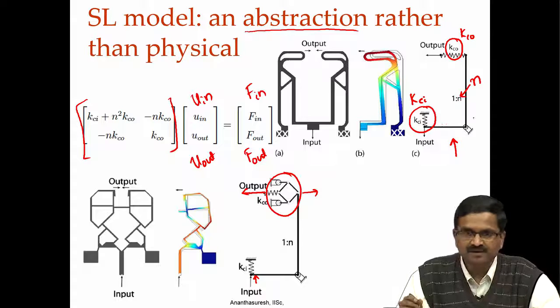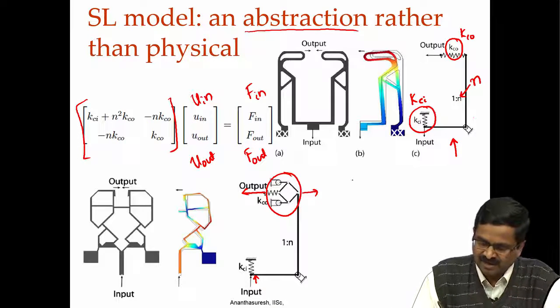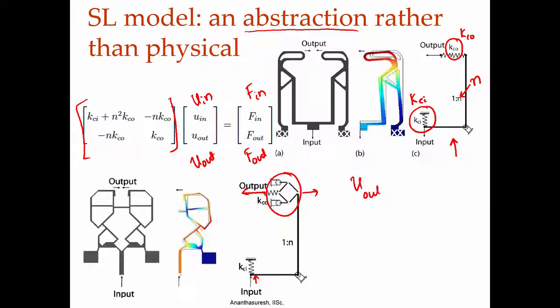For a normal lever, you would have U out equal to n times U in, but here it is not so. That is how it is constructed. This point here would have n times U in, whereas this point will not, and that is what will be there in a compliant mechanism, that is what we are capturing.